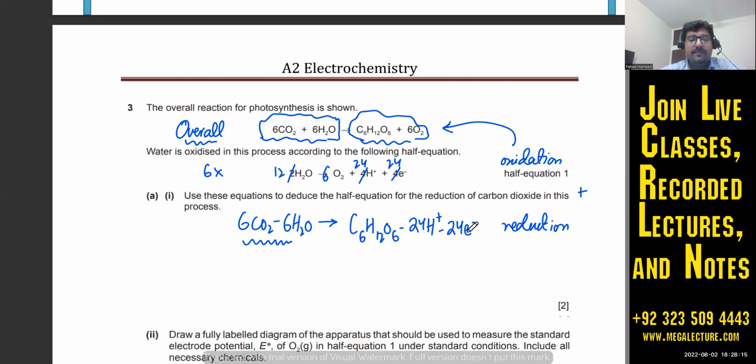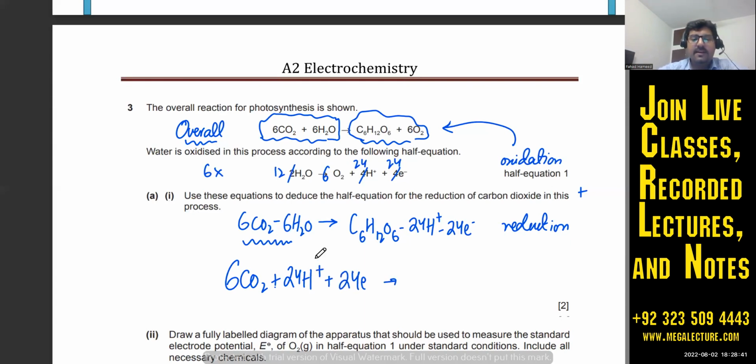और आखिरी काम ये, an equation never has minus signs, right? So how do you get rid of the minus sign? All you have to do is just rearrange stuff. If there's minus 6H2O, take it to the other side. Okay, so I'm going to rearrange this. Minus 24H plus 1, minus 24 electrons, bring it to the other side, the left side. So it will become plus 24H plus 1 plus 24 electrons.